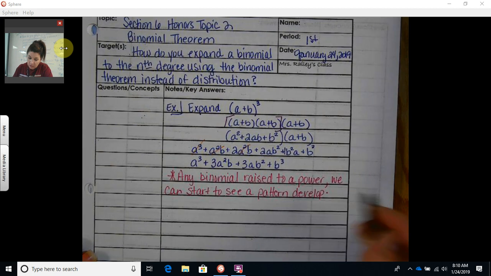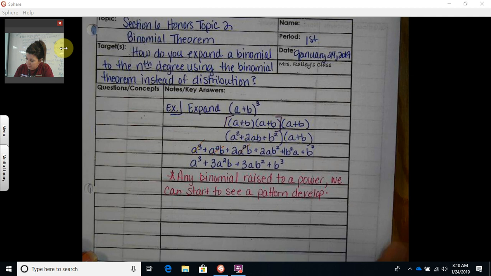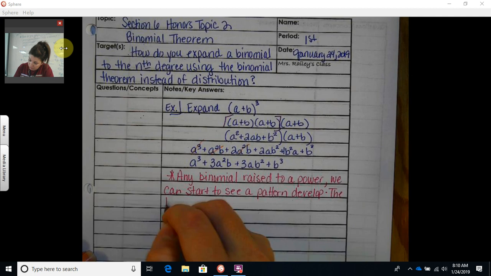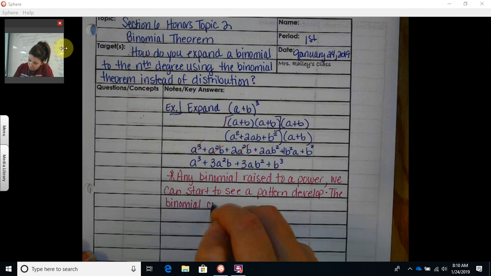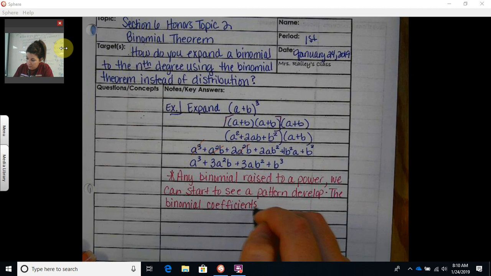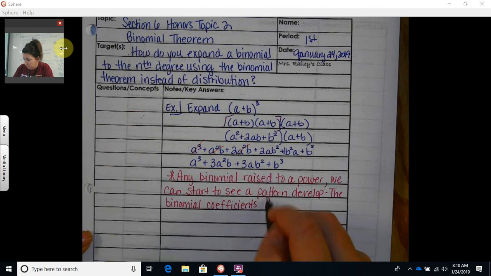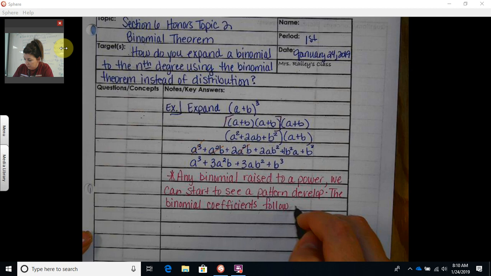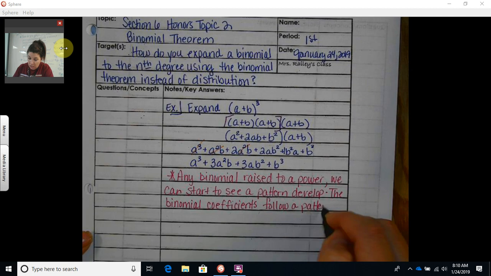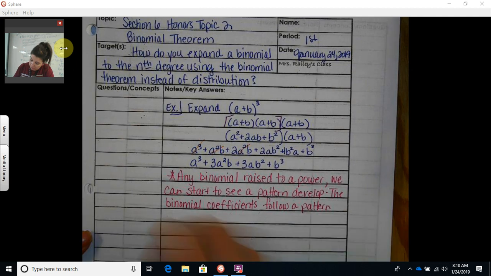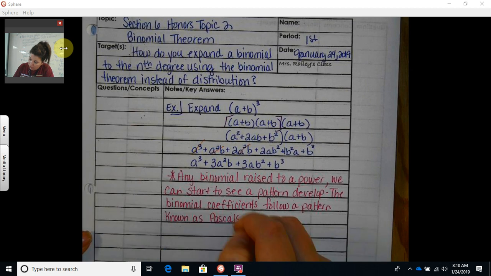The binomial coefficients follow a pattern known as Pascal's triangle.